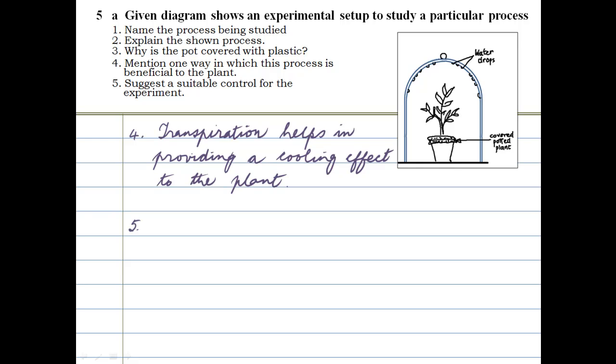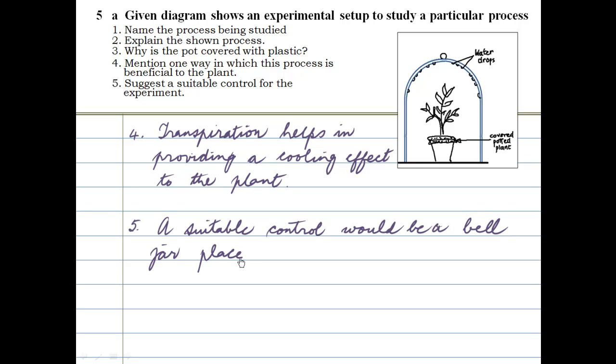So here, to use it to compare, what would the control have? Basically the same setup without the plant. So a suitable control would be a bell jar placed under the same conditions.